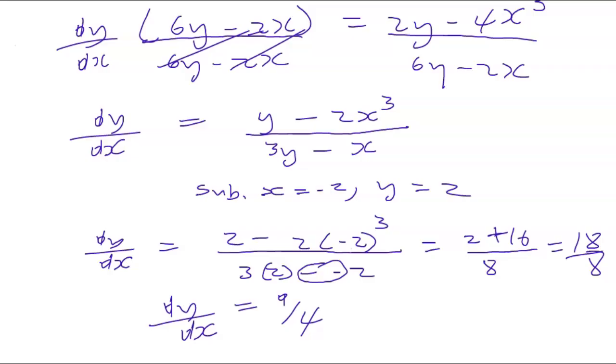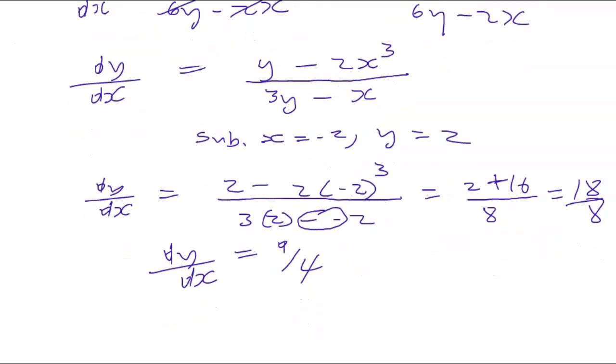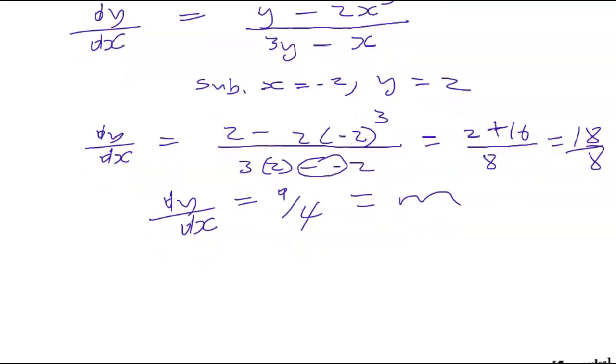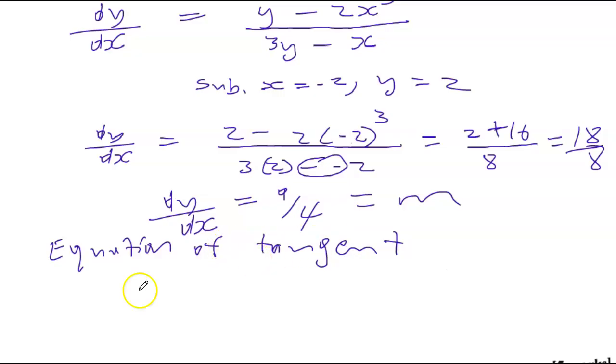And we're being asked to find the equation of the tangent. So we have just found m, which is what dy by dx represents, the gradient of the tangent. So to get the equation, a straight line takes the form y equal mx plus c. So the tangent is a straight line, so it shall take the form y equal mx plus c.